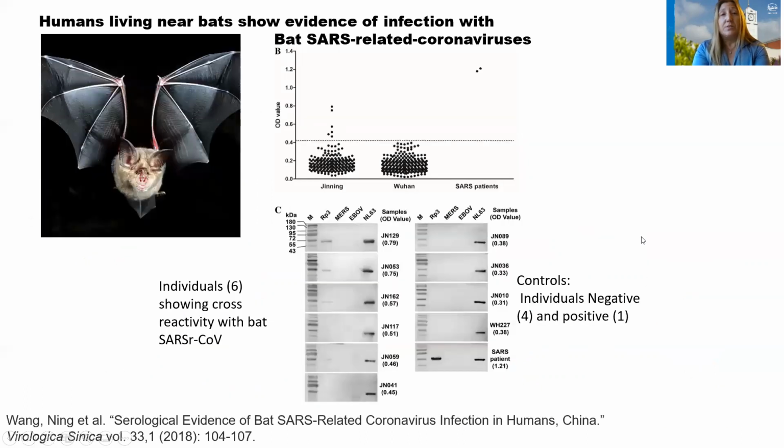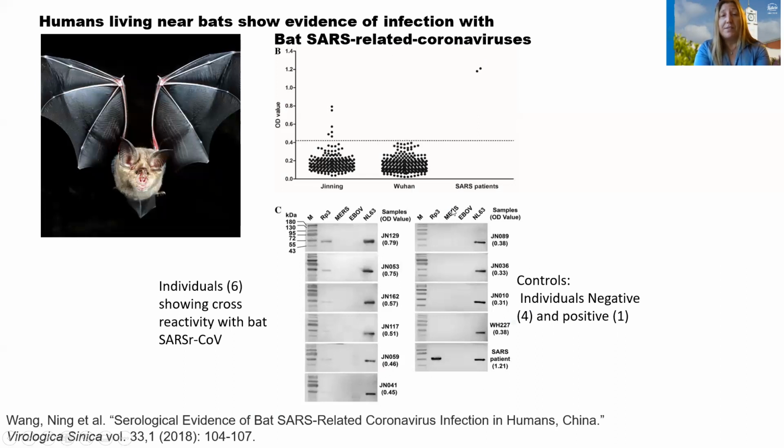In addition, in 2018, it was shown that there were individuals living in villages near bat populations that showed positive reactivity with SARS-related coronaviruses, so bat SARS-related coronaviruses. And so these are 6 individuals here that were showing cross-reactivity.